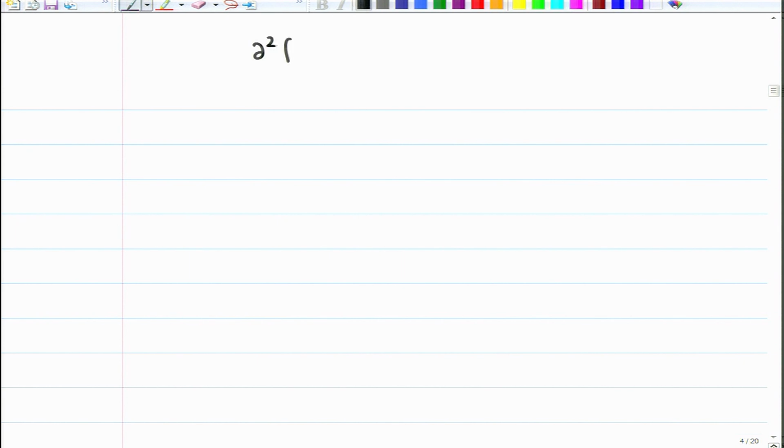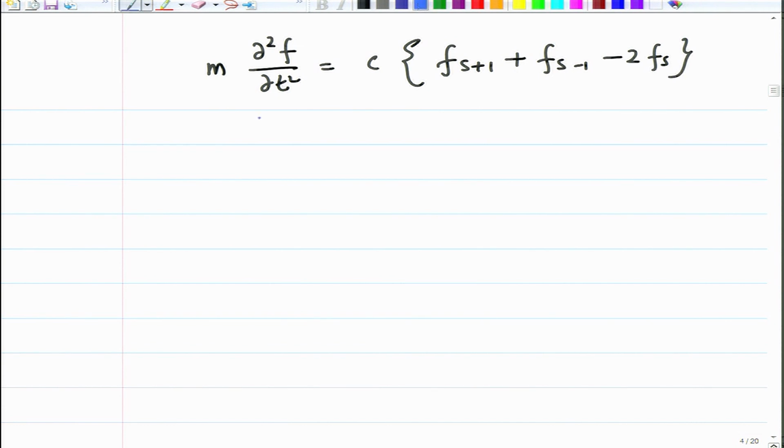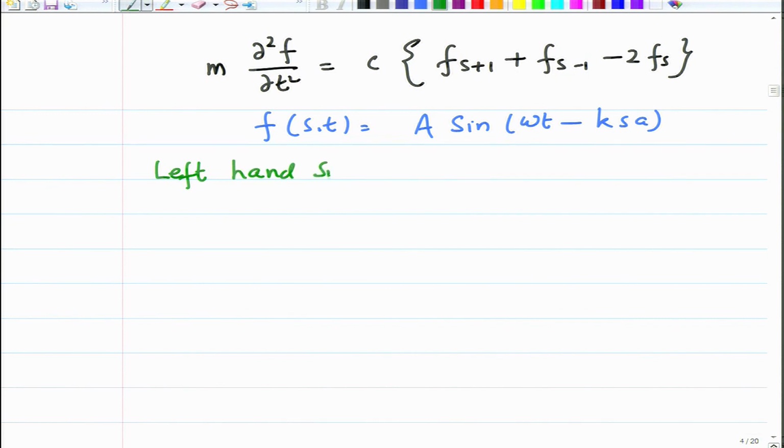Looking for the solution of this equation, m d2f by dt square is equal to C times f s plus 1 plus f s minus 1 minus 2 f s, and I have taken the solution to be of the form f s t equals A sine of omega t minus k S A, and then we have found by substituting that the left hand side is equal to mass times minus omega square A sine of omega t minus k S A.